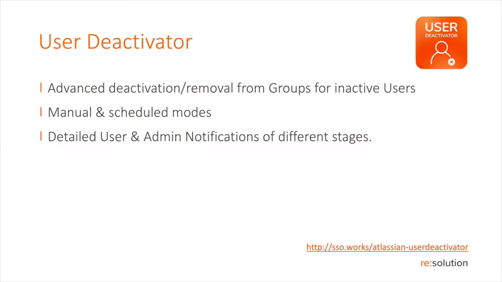So you define a lot of the criteria that users should match as well. And then you even have the ability, for example, to send them notifications some days before they get deactivated, so that they know what's going to happen and also how to avoid it. And it gives you a nice summary report as an admin as well, what the software did. So that's the scheduled mode that you can have.